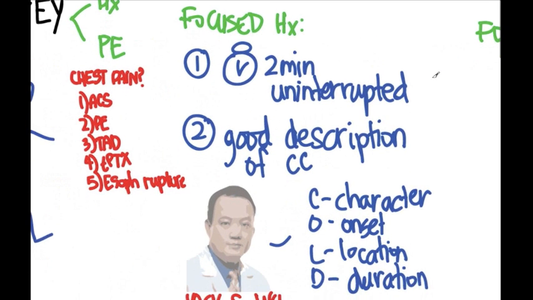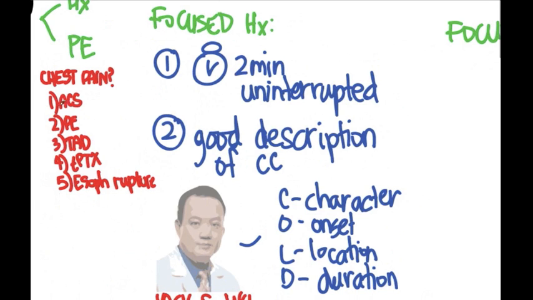And again, remember that this is guided by your differential diagnosis. You're going to want to look on physical exam for things that are important for acute coronary syndrome, for pulmonary embolus, for thoracic aortic dissection, tension pneumothorax, and esophageal rupture. So you might look for signs of pulmonary edema or CHF in the patient with a heart attack.